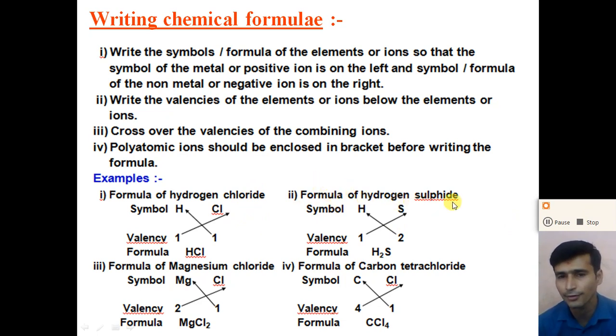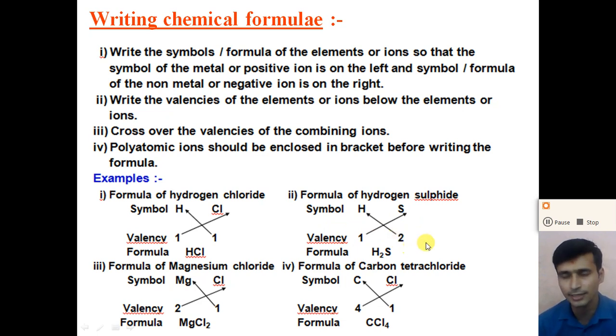The formula of hydrogen sulfide. Hydrogen has the symbol H and sulfide has the symbol S. Now the second step is to write the valency of each element. Here the valency of hydrogen is 1 and the valency of sulfur is 2. Now cross over the valency of each element.